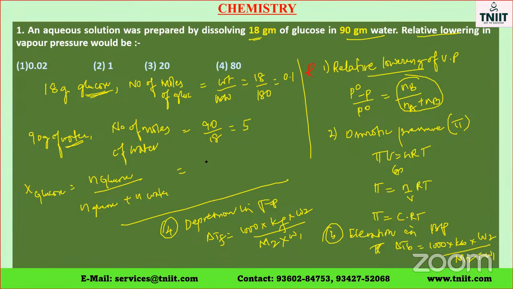That will be 0.1 divided by 0.1 plus 5.0, which is 0.1 divided by 5.1. On simplification, we get 0.02. So the answer for this question is option 0.02. You should remember these 4 formulas, as colligative property based questions can be asked.